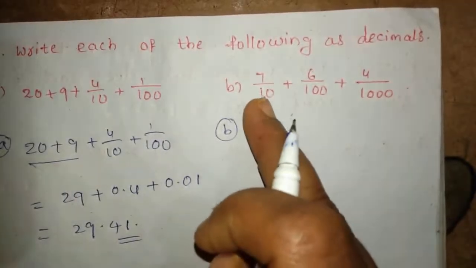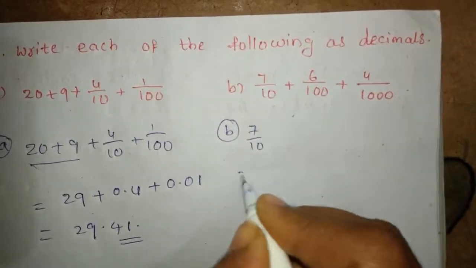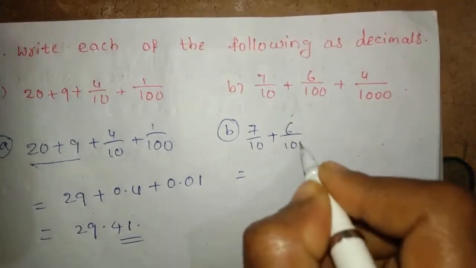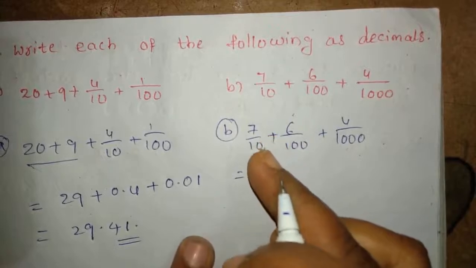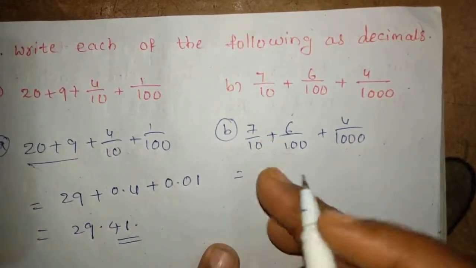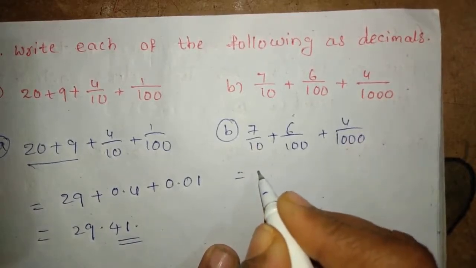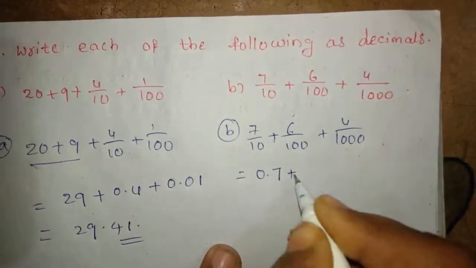Okay. Now in this B, 7 by 10 plus 6 by 100 plus 4 by 1000. First we write 7 by 10. 7 by 10 means the tenths place is 7, so we write 0.7.